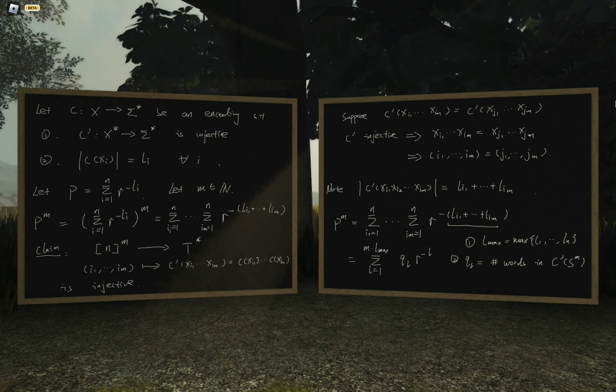By X to the power of M, I mean all the words of length M in X, of length L.